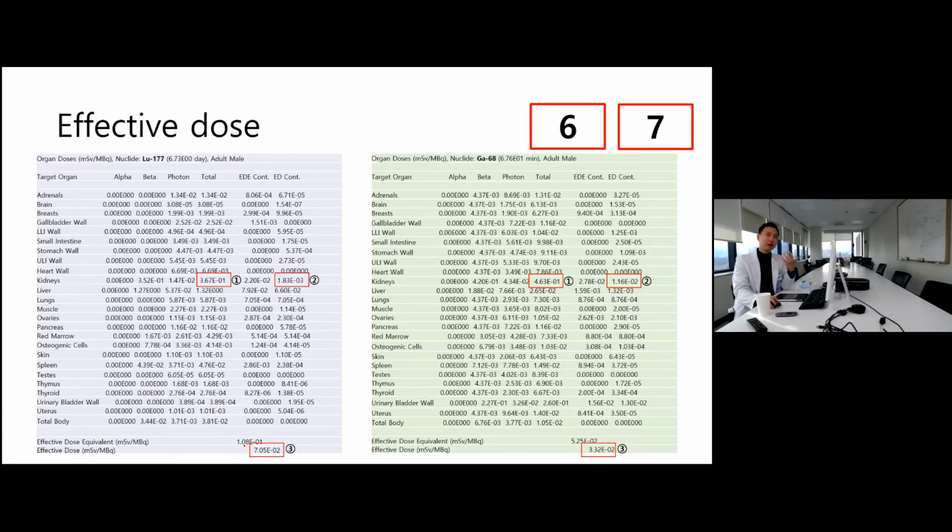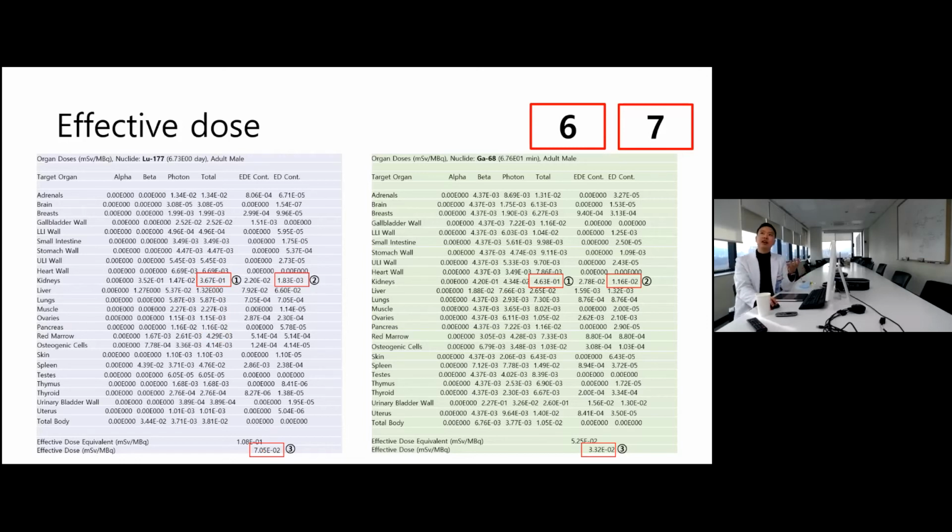Actually, it is a therapy for a cancer patient. So consideration of secondary malignancy might not be as important as single organ toxicity. So that's why I think the absorbed dose in the critical organs like kidneys and red marrow might be more important than the result of the effective dose.